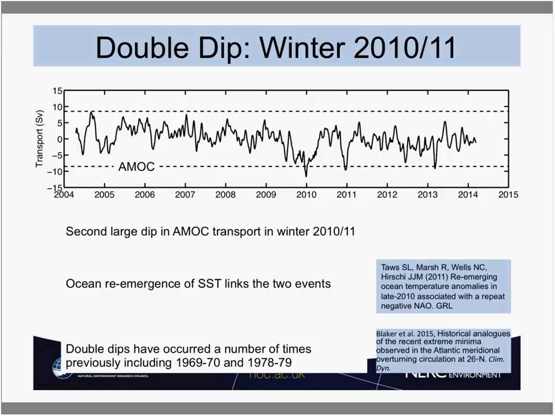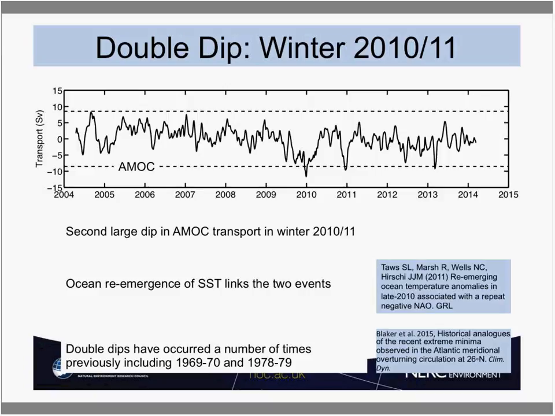The ocean re-emergence is the mechanism by which you get a very cold winter and form deep cold mixed layers. This is capped over in the summer, and then these cold anomalies re-emerge the following winter when the mixed layers are formed and re-entrain the cold winter anomalies from the winter beforehand. This re-emergence of sea surface temperature is linked to these two events.